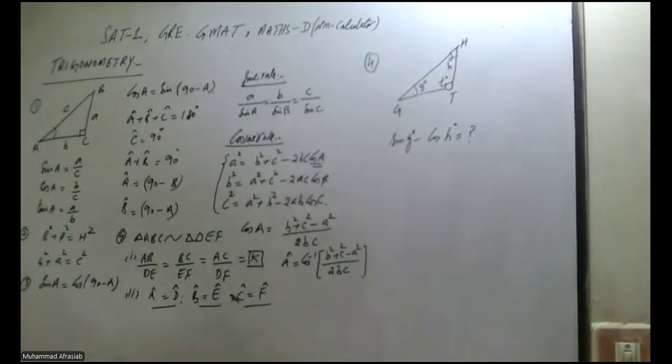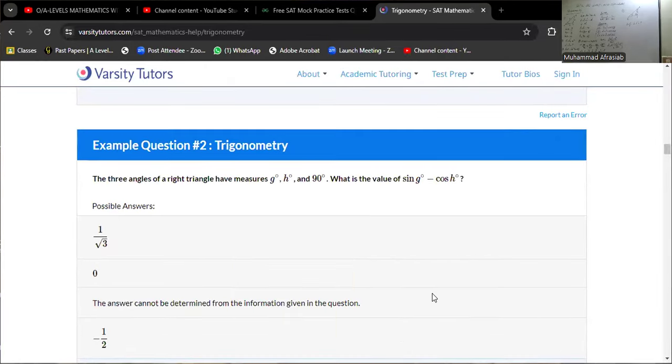In this question number 4, we have this information that three angles of a triangle are G, H, and 90 degrees. What is the value of sine of G minus cos of H?